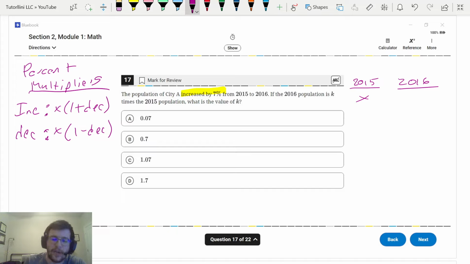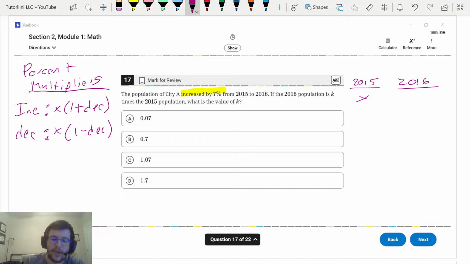Not in a ton of detail. A sequence is just a list of numbers that follow a pattern. Well, technically it's just a list of numbers. An arithmetic sequence would be like 4, 6, 8, 10, 12. You see how it's getting added or subtracted by a constant amount.